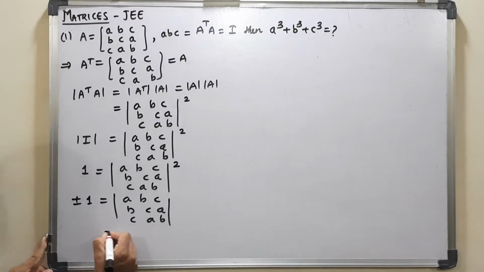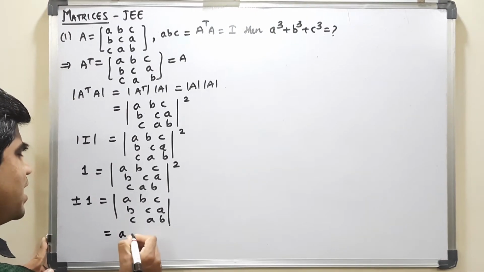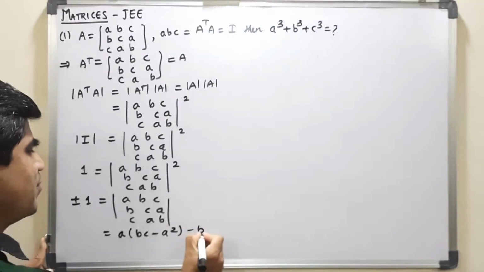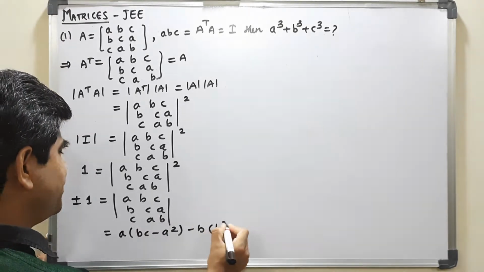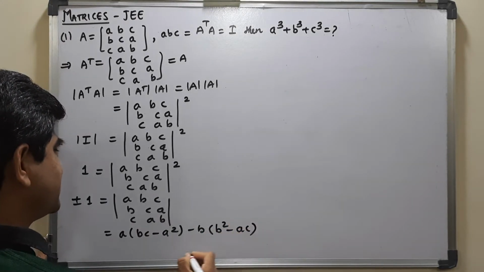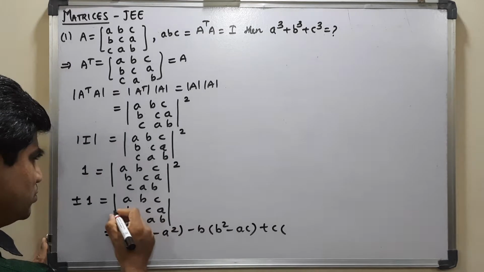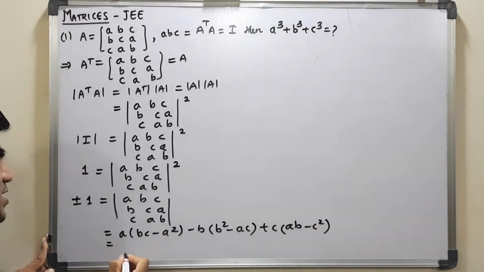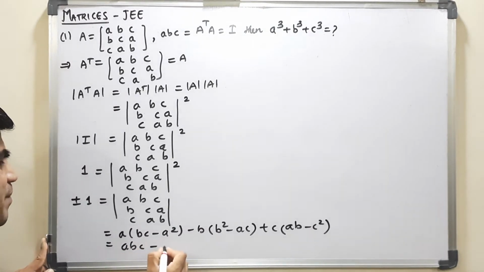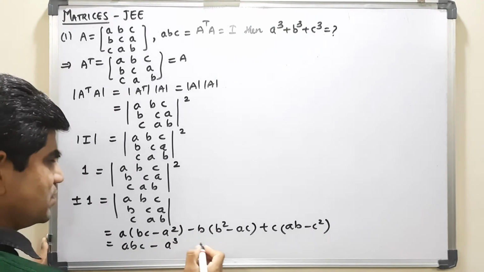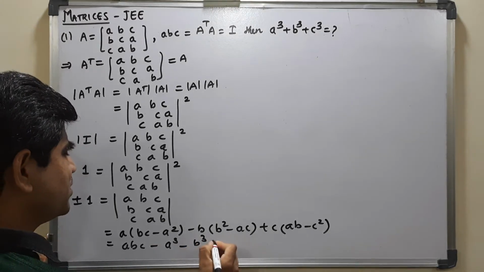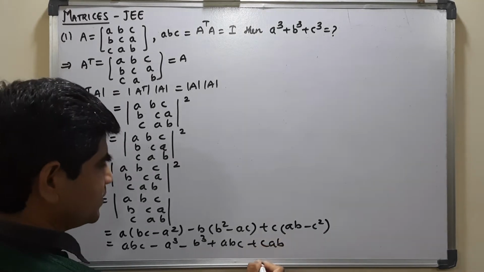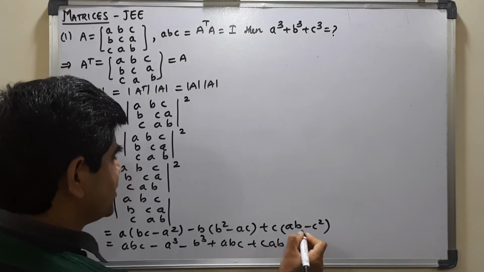So when I solve this, what I get here is A into BC minus A square, minus B into B square minus AC, plus C into AB minus C square, which is nothing but ABC minus A cube minus B cube plus ABC plus CAB minus C cube.